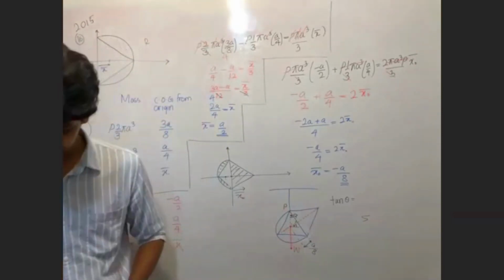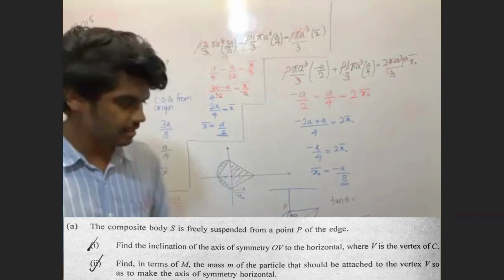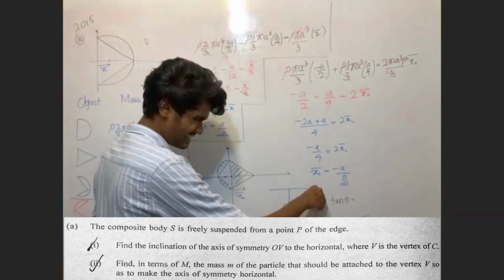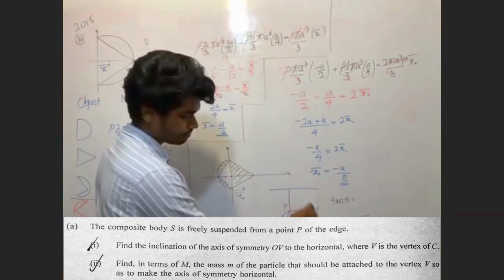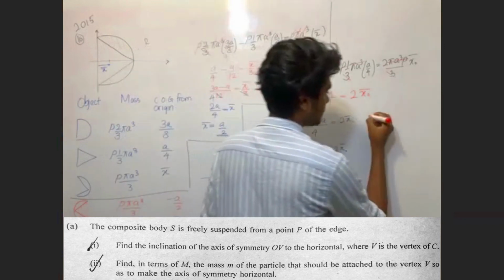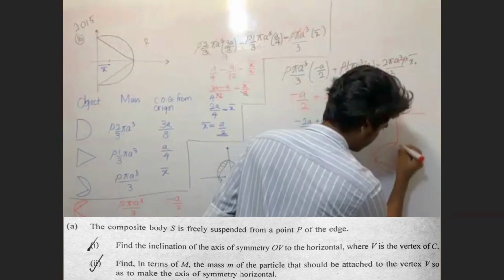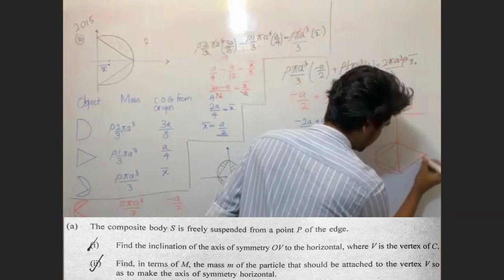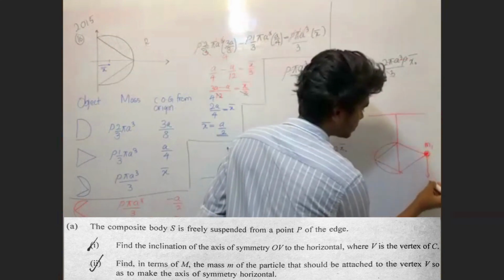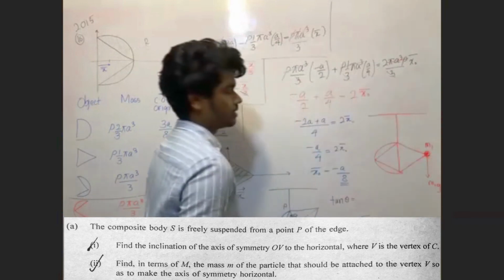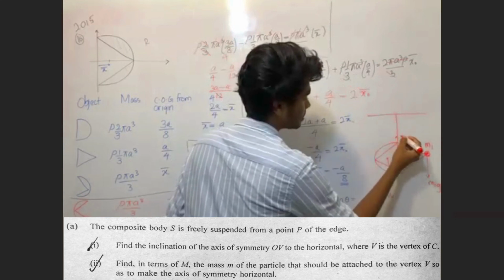And then the rest of the questions, yes. What is the mass that you should place on this edge of the vertex so that this comes? What is the mass that should be placed? M1, M1 g, weight W, tension.